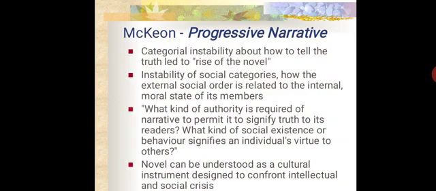What kind of authority is required of narrative to permit it to signify truth to its readers? What kind of social existence or behavior signifies an individual's virtue to others? The novel can be understood as a cultural instrument designed to confront intellectual and social crises.